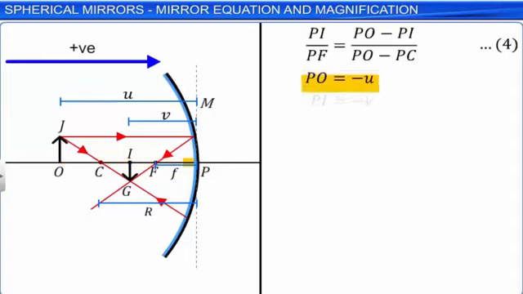On substituting these values in equation 4, we get equation 5.